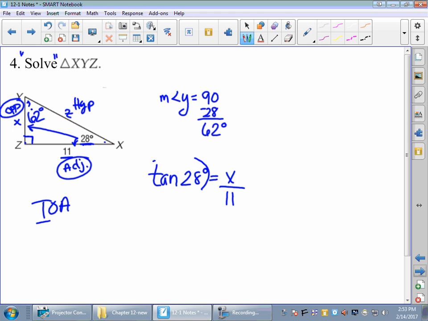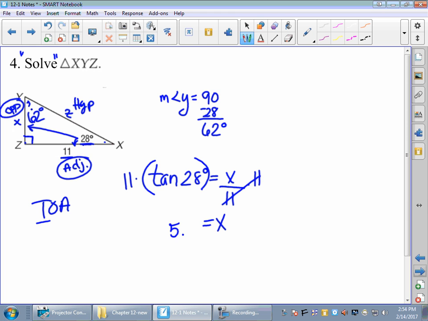Tan 28 is a horrible decimal. Leave it as tan 28 until you have to use your calculator. Times by 11, times by 11, x is equal to, I'm going to put it in my calculator, tan 28 equals times 11, 5.84.